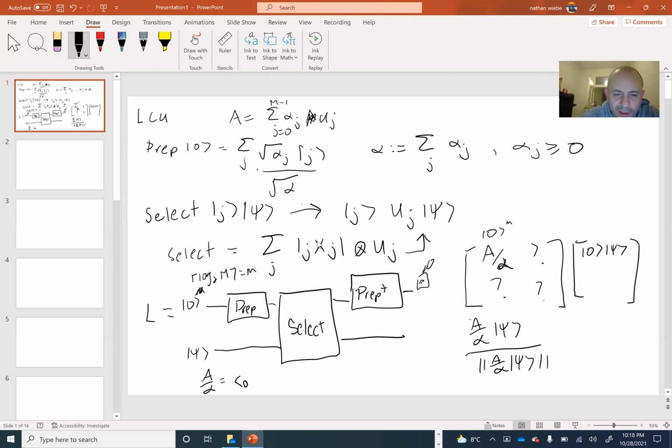We define the projector onto the block using Dirac notation as 0 tensor identity, which selects that column, and then L and 0 tensor identity, which selects the row. It could be the other way around, it doesn't matter. Anyway, the matrix A over alpha is block encoded by L in this particular fashion.